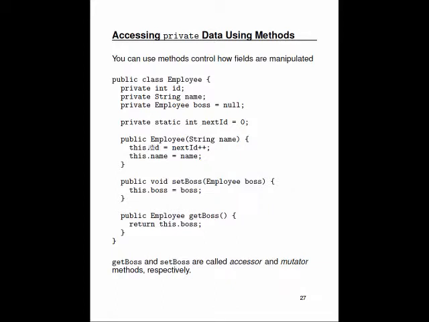I have a constructor that initializes the employee with a given name, assigns it the next ID from this static next ID field, and I can set the employee's boss, like when there's a reorg, and I can also get the employee's boss. And by using methods to access the private fields, I protect them from other usages, other manipulation, and so then I can really clamp down and reason about how this object changes over time.